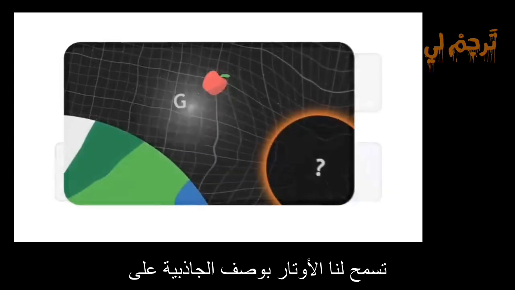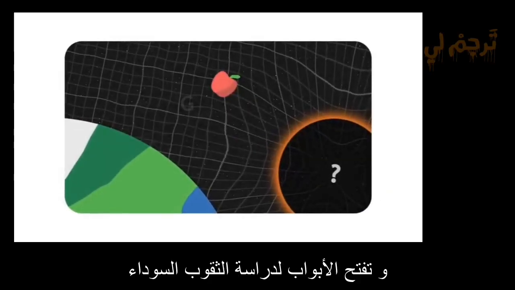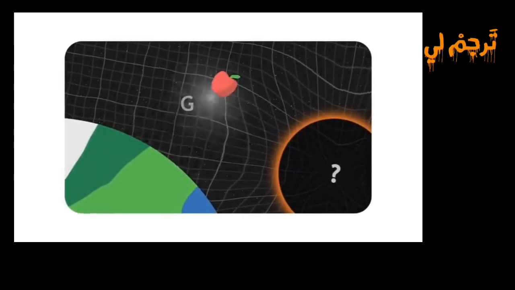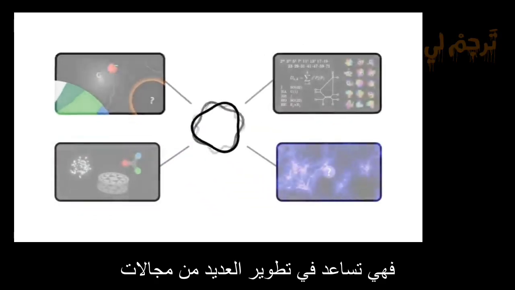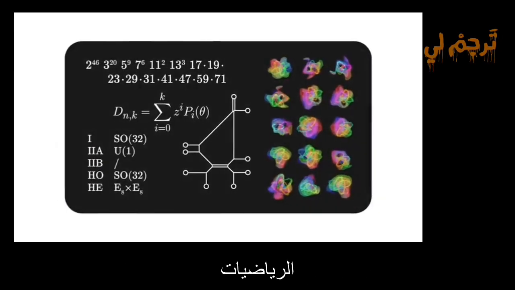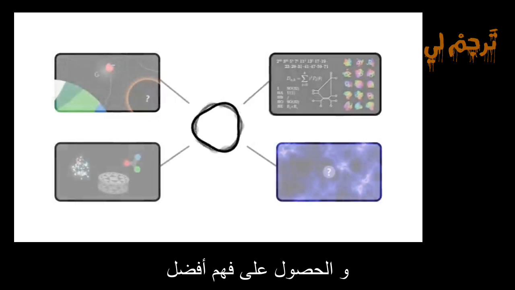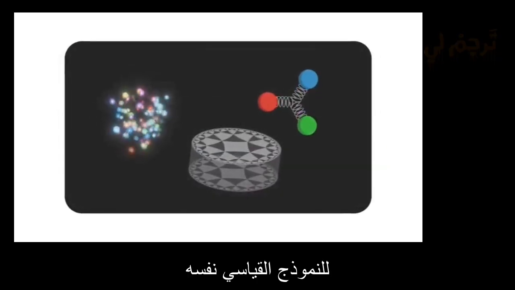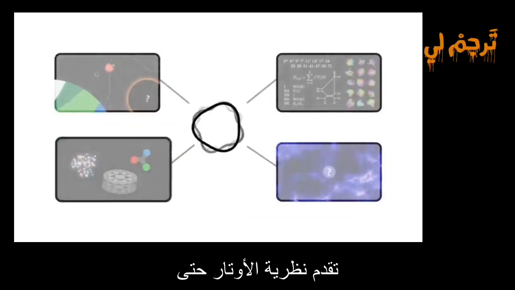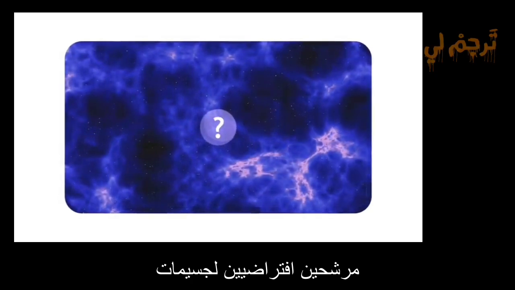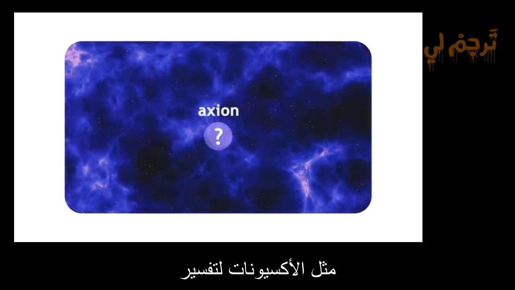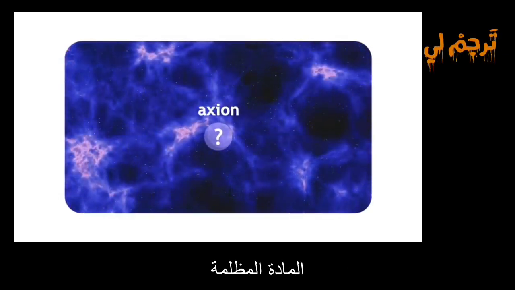Strings allow us to describe gravity on the quantum scale, and open doors to the study of black holes. They help develop several fields of mathematics, and get a better understanding of the standard model itself. String theory even offers hypothetical candidates for particles, such as axions, to potentially explain dark matter.